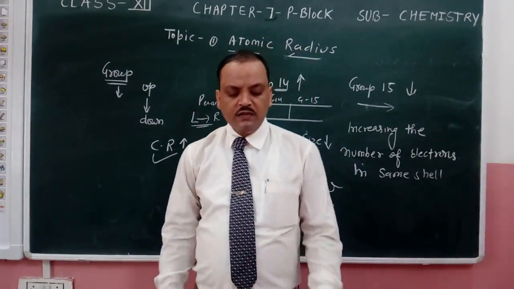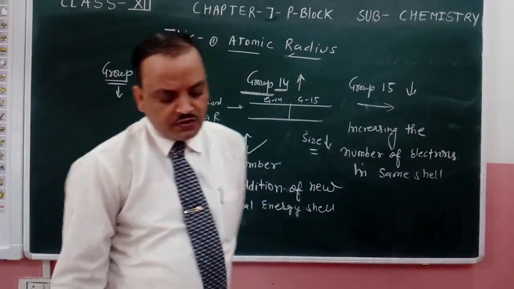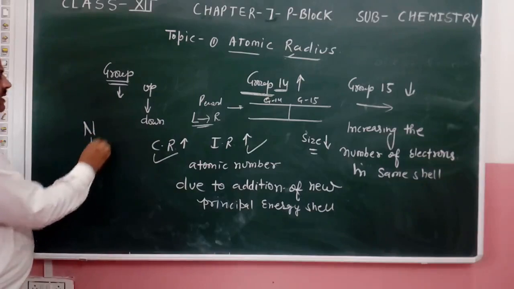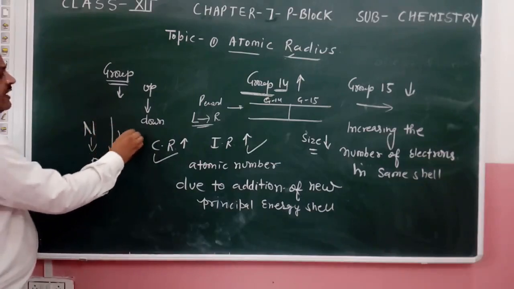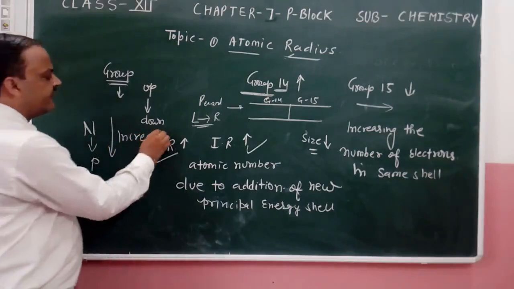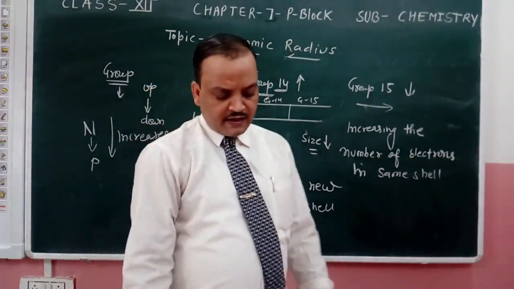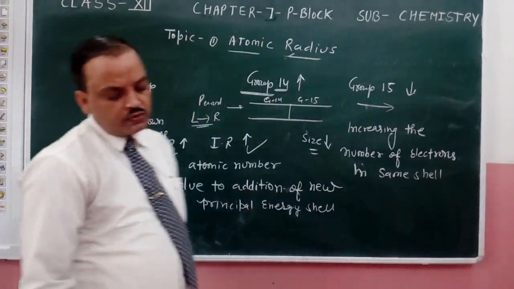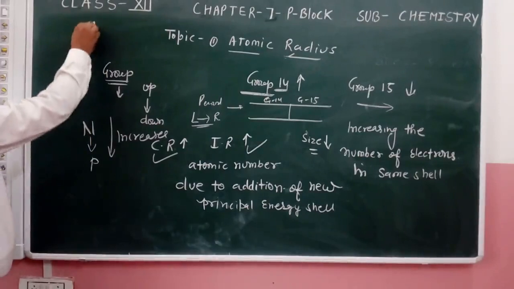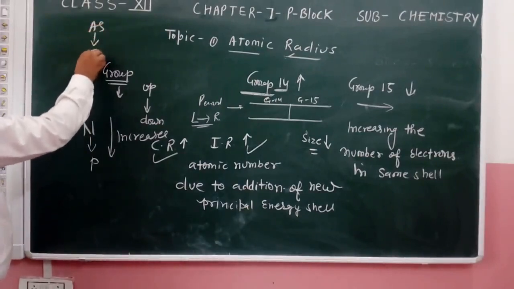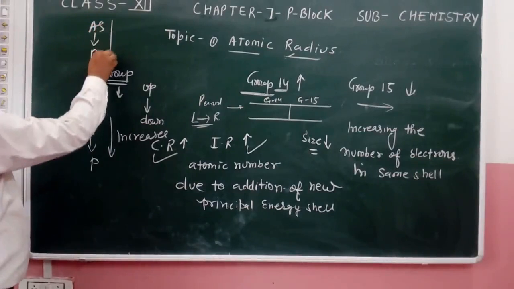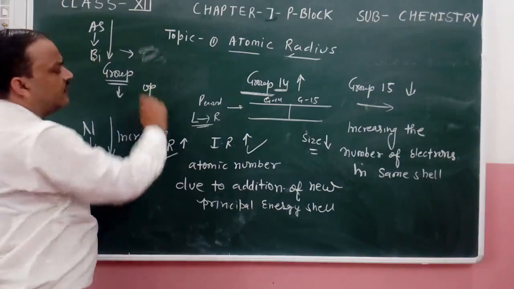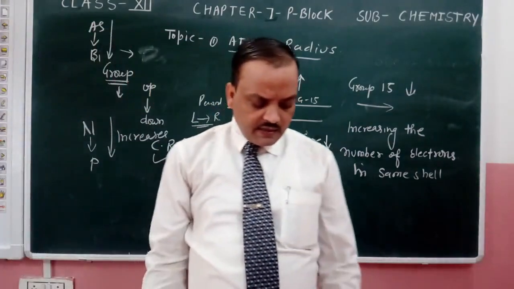Considering the increase of the covalent radius from nitrogen to phosphorus, the atomic radius increases. There is only a small increase in the covalent radii from arsenic to bismuth, due to the poor shielding effect.